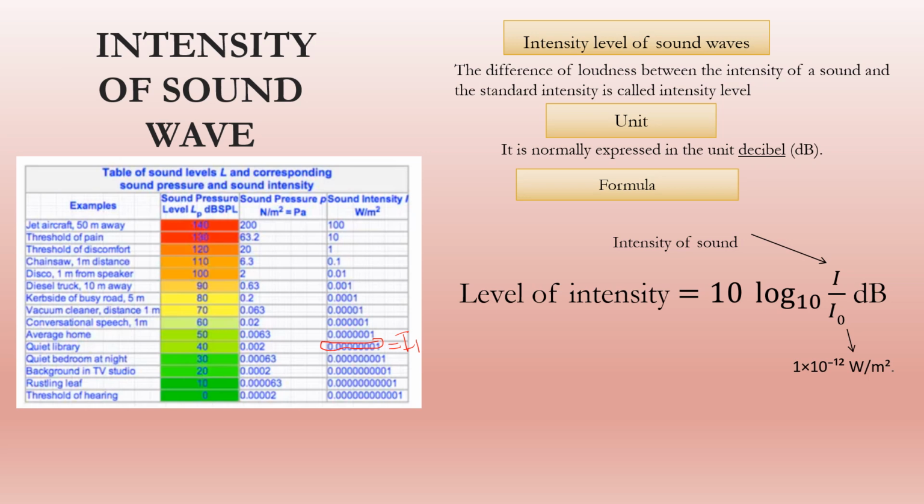And then the level of intensity will be 10 log10 of I1 over the standard intensity, which will always be the threshold of hearing. So that's why it is 1 times 10 to the power of negative 12.